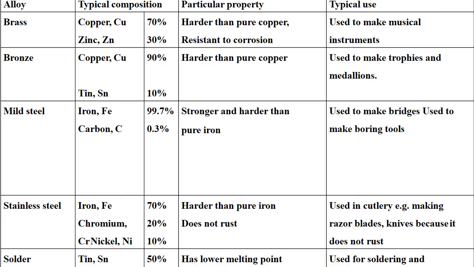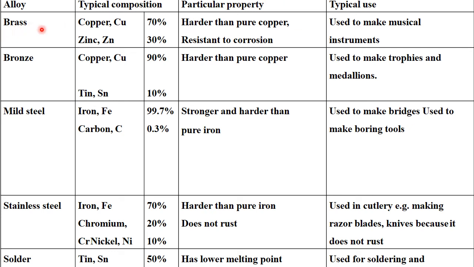So here we have some alloys, here we have their constituents and the percentage of each element that makes up a given alloy, then the particular properties of the alloy and the typical uses of the alloy.